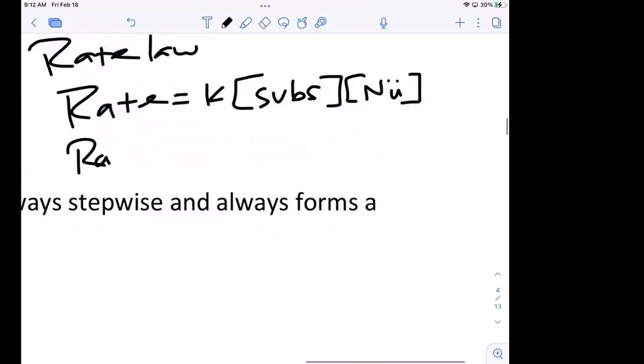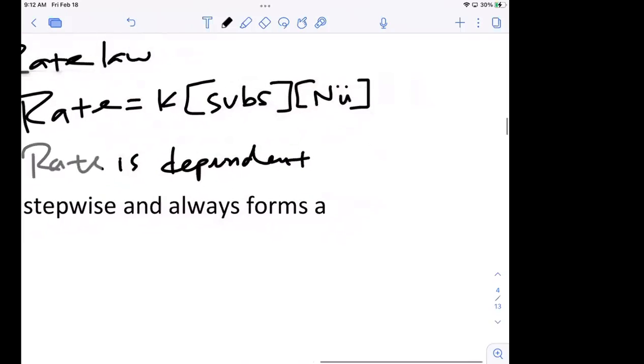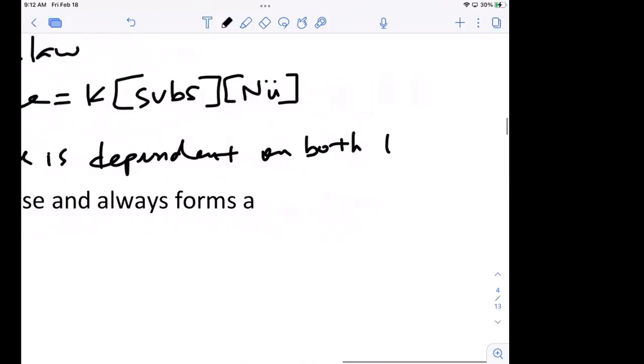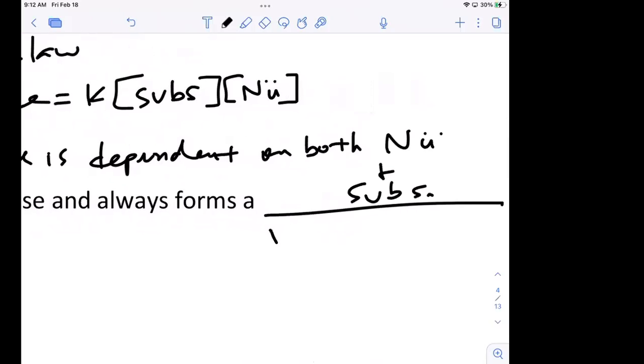So it's depending on the nucleophile and the substrate, and that's because we call this bimolecular, and it's concerted.